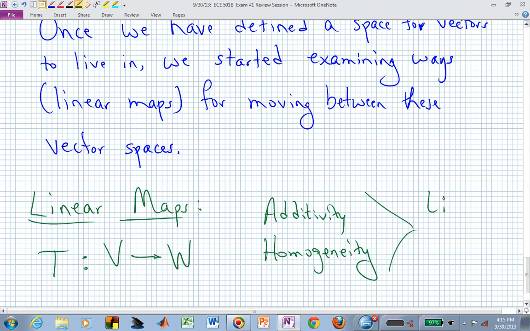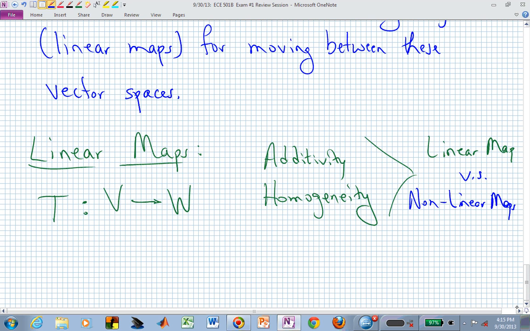And that then allows us to conclude that this map is linear, but you need to be able to contrast that with maps that aren't linear, or to point out when you might have a nonlinear map.